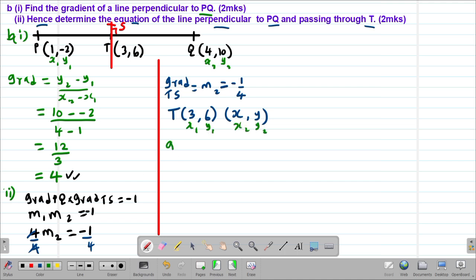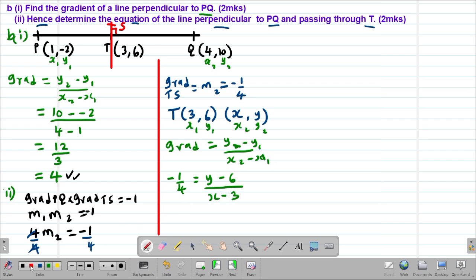So we know that the gradient for the line TS must be given by y2 minus y1 divided by x2 minus x1. So the gradient is -1/4, so I'll have -1/4 being given by y, then minus y1 is +6, divided by x, then minus x1, which is +3.